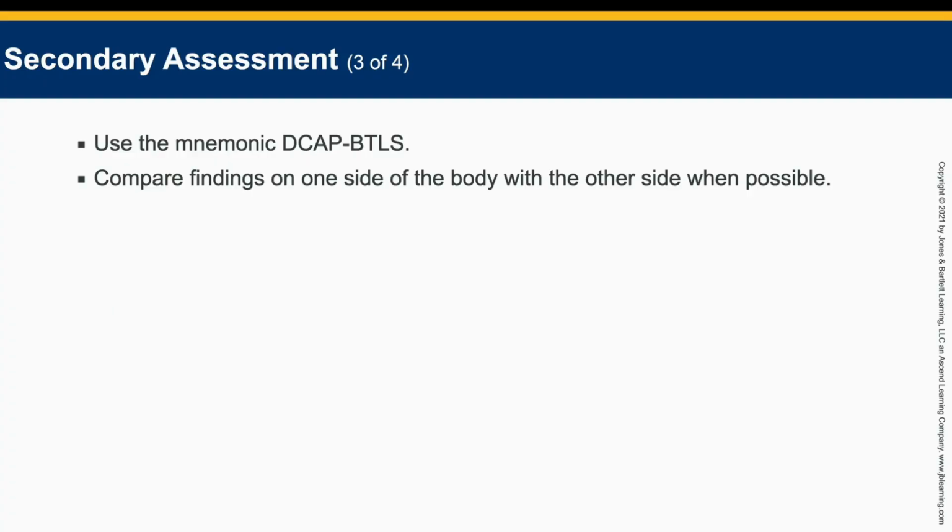Another important principle during the exam is to compare one side of the body to the other whenever possible. The human body is generally symmetrical, so differences between left and right can often indicate injuries or abnormal findings. Using structured tools like the DCAP BTLS mnemonic helps you stay organized and ensures that important findings are not missed during your assessment.